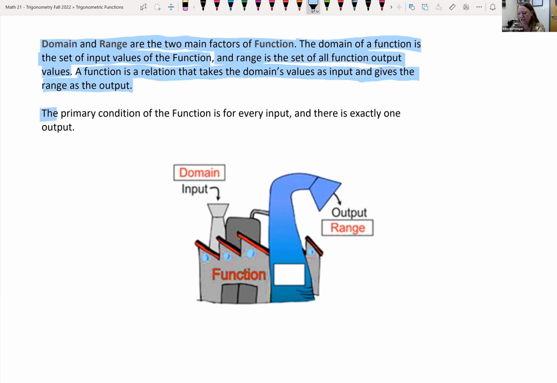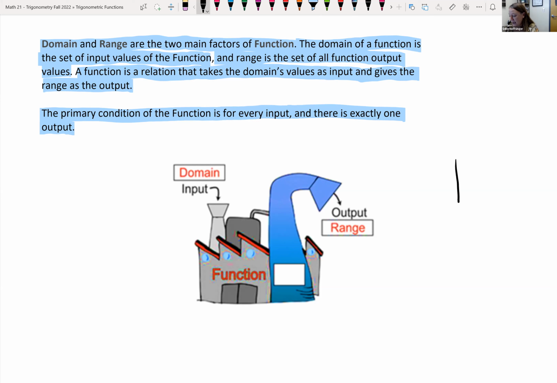The primary condition of a function is that for every input, there's exactly one output. In order to be a function, if we put a value in, we're going to get back one output. If we get back multiple outputs for that one input, then it's not a function. You might recall that you could use the vertical line test to see if something was a function or not.